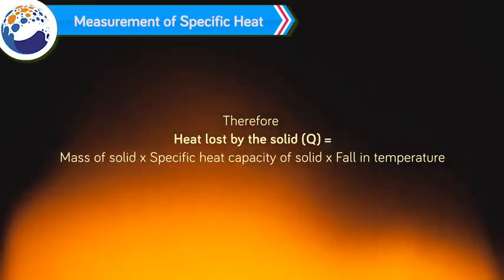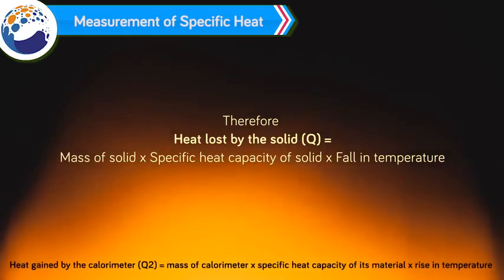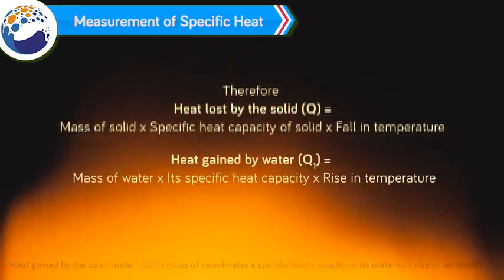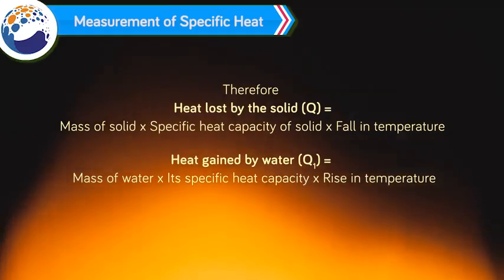Therefore, heat lost by the solid, or Q, is equal to mass of solid multiplied by specific heat capacity of the solid multiplied by the fall in temperature. Heat gained by water, or Q1, is equal to mass of water multiplied by its specific heat capacity multiplied by the rise in temperature.